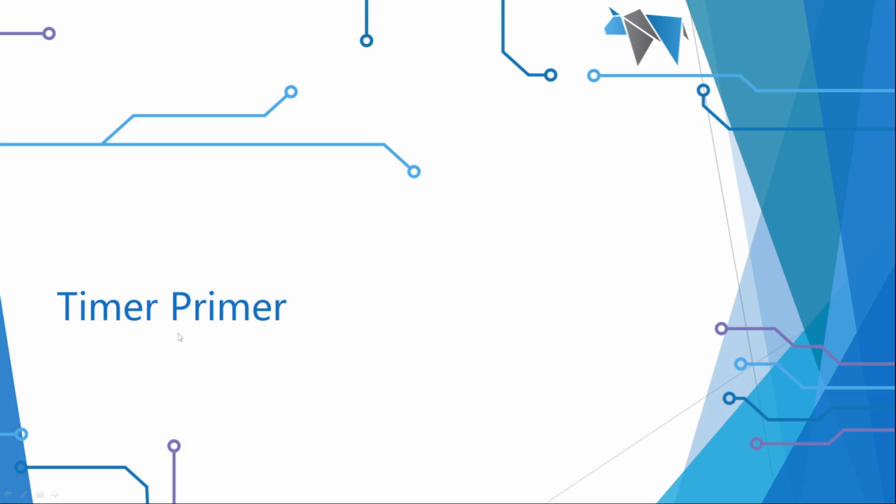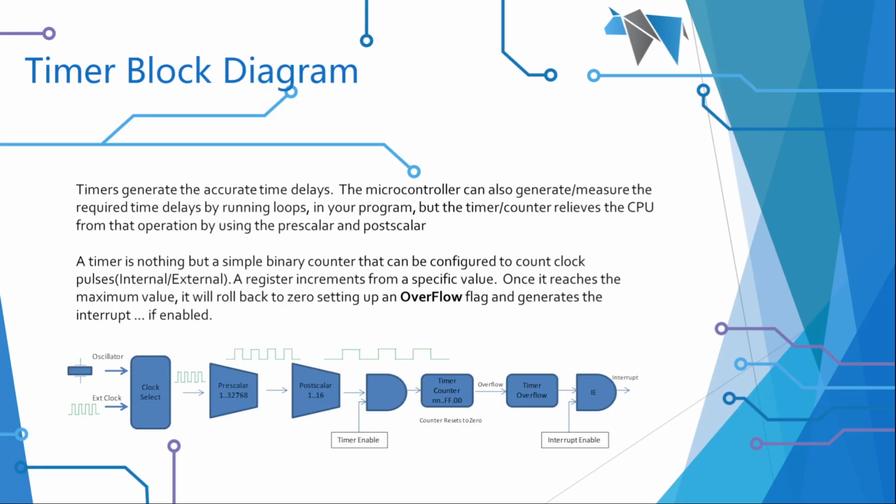Now, let's do a primer on the timers, because it's important that we understand how they operate. A timer generates accurate delays. Up to now, we've been using the wait command, which uses the internal oscillator and is what's called blocking. It counts the number of cycles it needs to go through to meet the time that you demanded.